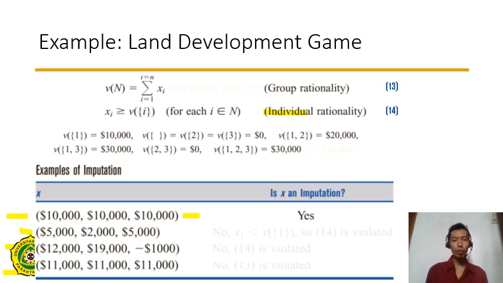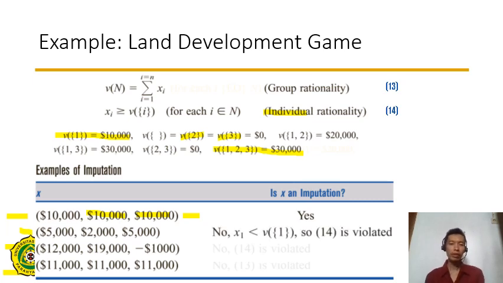For player 1, the reward is greater than or equal to V1. For player 2, the reward of $10,000 is also greater than V2. For player 3, the reward is also greater than V3. So individual rationality is satisfied for all players. And then the sum of these three also equals the characteristic function of the grand coalition. So again, it satisfies group rationality. So this is an imputation.